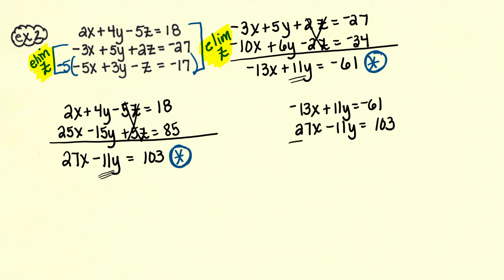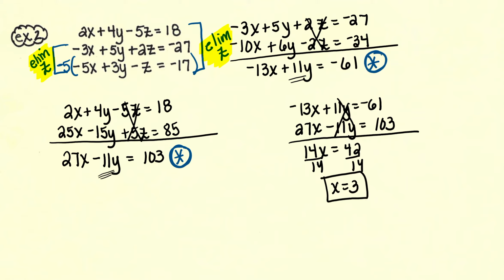Put those together so I know that my y's are going to cancel. Negative 13 plus 27 is 14x. Negative 61 and positive 103 is 42. Divide by your 14 and you get x is equal to 3.